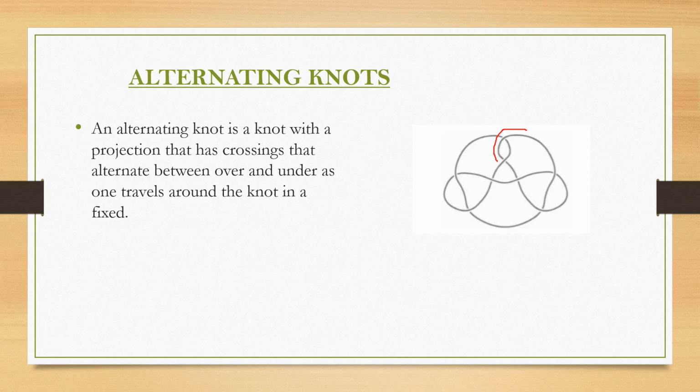crossing, but it moves as an over strand, as you see, till it reaches some double points. And once it reaches the double point, you can see that it begins to move as an under strand till it reaches some other double point.